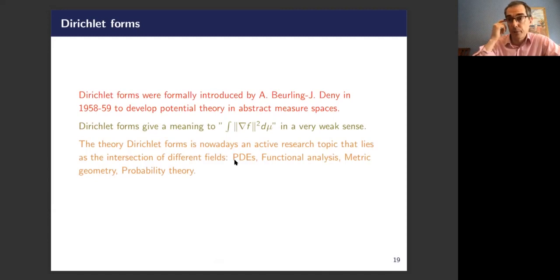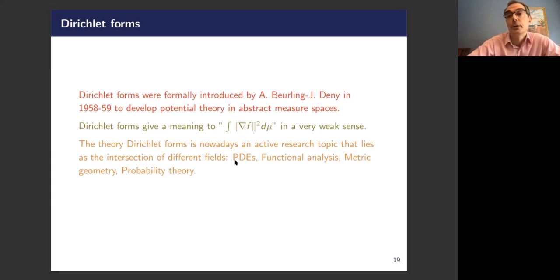So the theory of Dirichlet forms, since its introduction, attracted a lot of attention and is now a centerpiece in a lot of modern mathematics, because Dirichlet forms turn out to be a tool which is at the intersection of many different fields. This is a tool which is used in PDE.